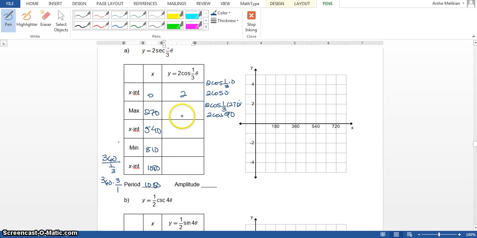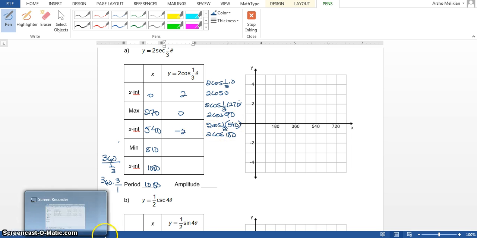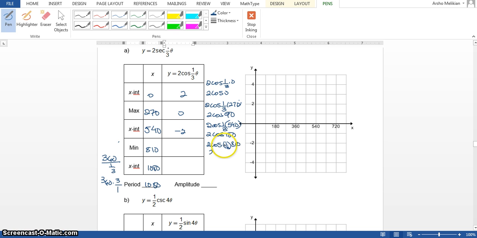I'm sorry, cosine of 90 is 0, so this is 0. Okay, 2 cosine 1 over 3 times 540. This is 2 cosine of 180, negative 2. 2 cosine 1 over 3 times 810. 2 cosine of 270, 0. And here, we're going to get positive 2.